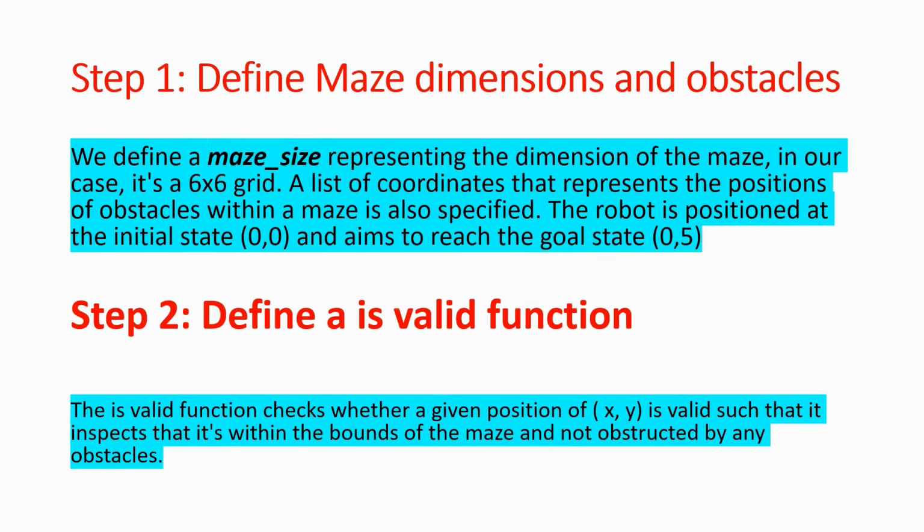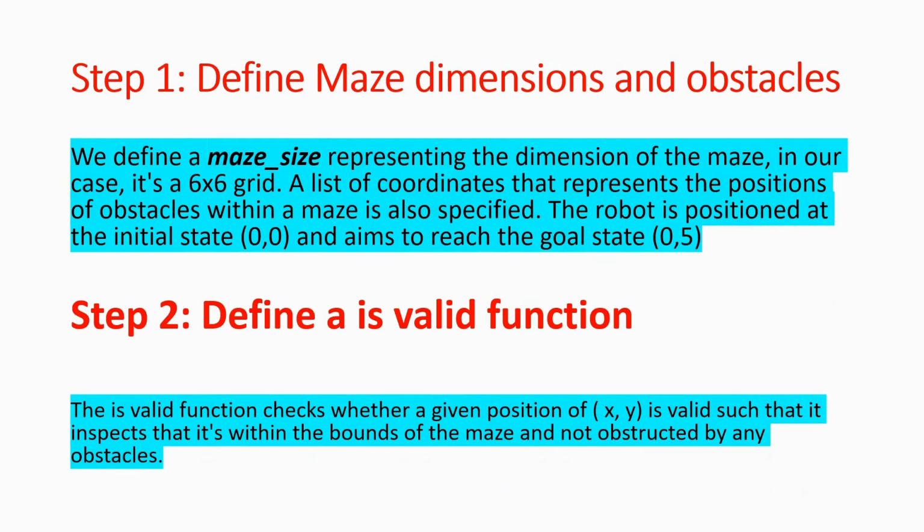So for step two, this is a crucial helper function. It is a base helper function. Before the robot attempts to move to a new position, this function checks if the move is permissible or not.